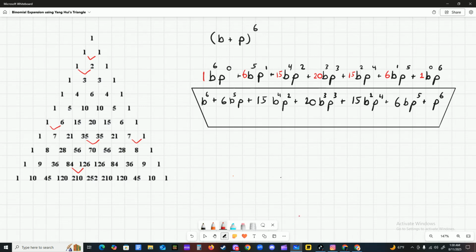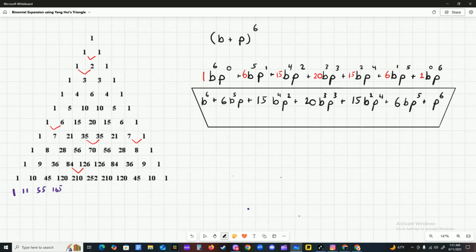Let's make our own Pascal's triangle. The next row. Which power would that be? So the 10th. So the next one would be 11. So 1. 1 plus 10 is 11. 10 plus 45, 55. 45 plus 120, 165.